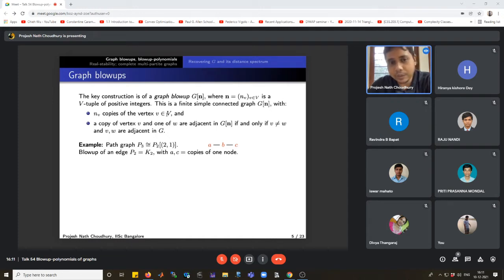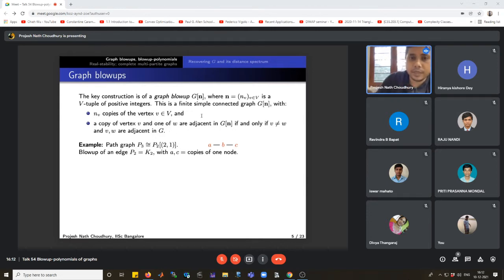If the original vertices are not adjacent, then the copies are not adjacent. Also note that a copy of a vertex is not adjacent to another copy of the same vertex, because I am not allowing self loops in the original graph.